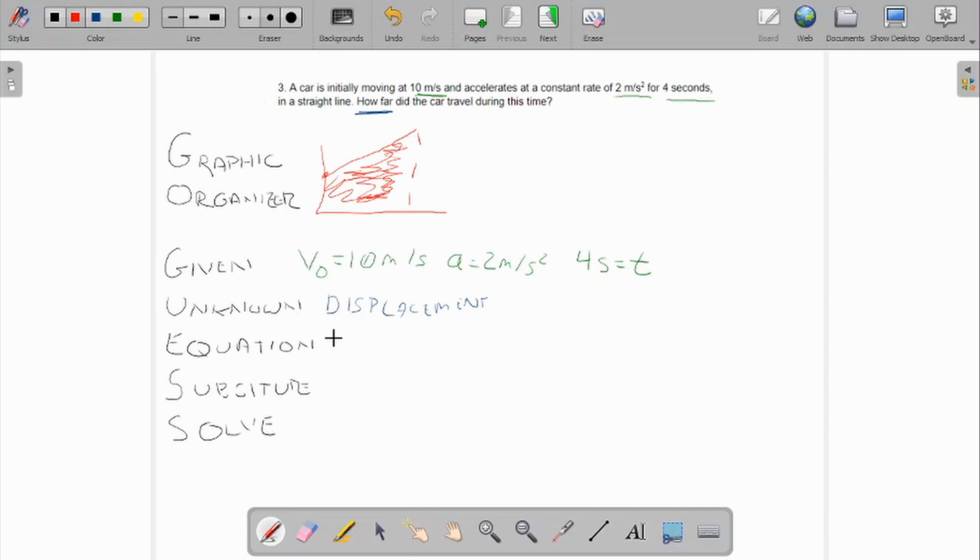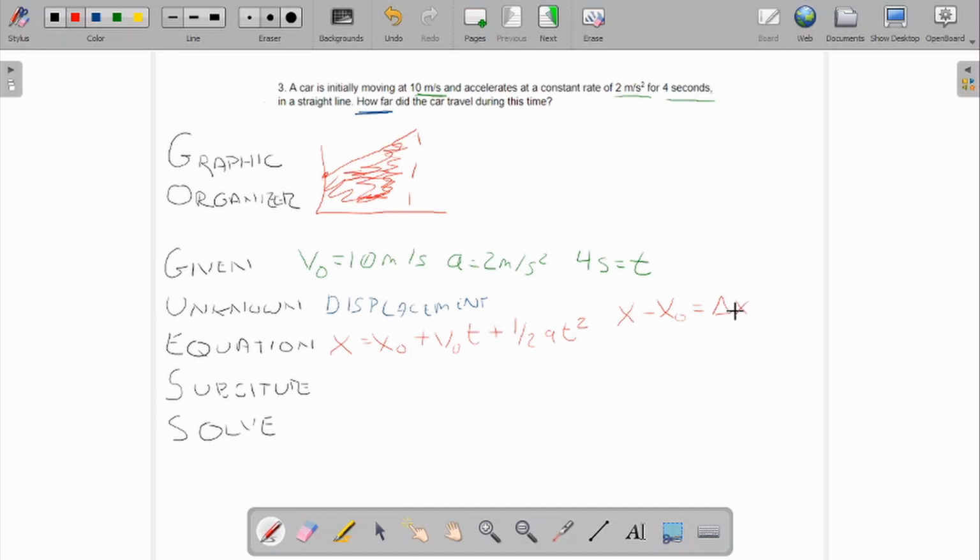So in this case, x equals x naught plus v naught t plus 1/2 a t squared. Now the reason I know I can use this is because I have x and x naught, and if I had moved the x naught to the other side, x minus x naught equals delta x, which is displacement.